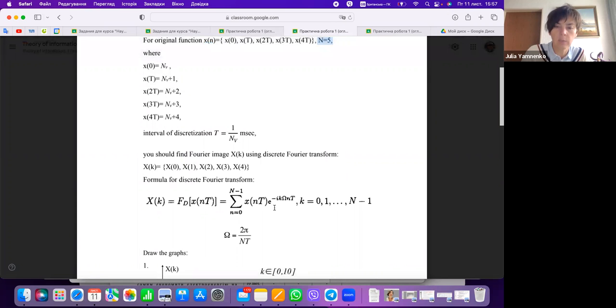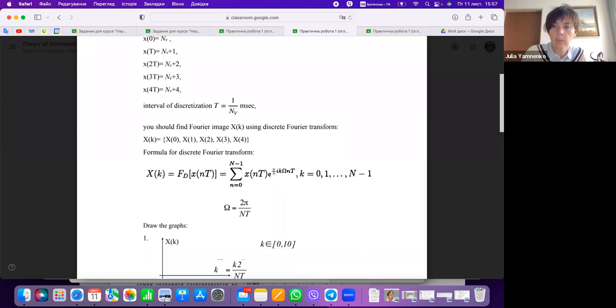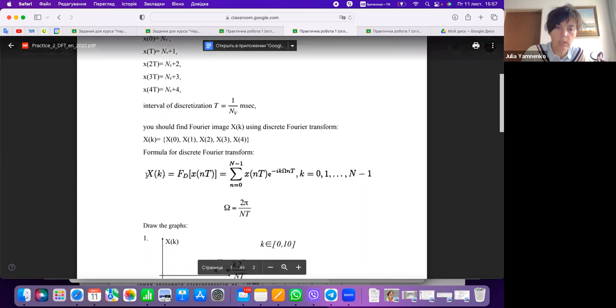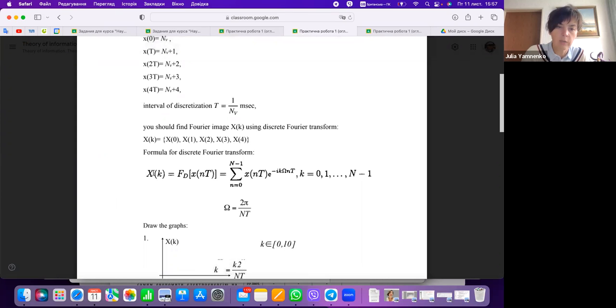And then you have the exponent e in the power minus i k omega n small and t. Here i is the complex unity. And k is a value that doesn't change, because you see the left part of this equation is x from k.